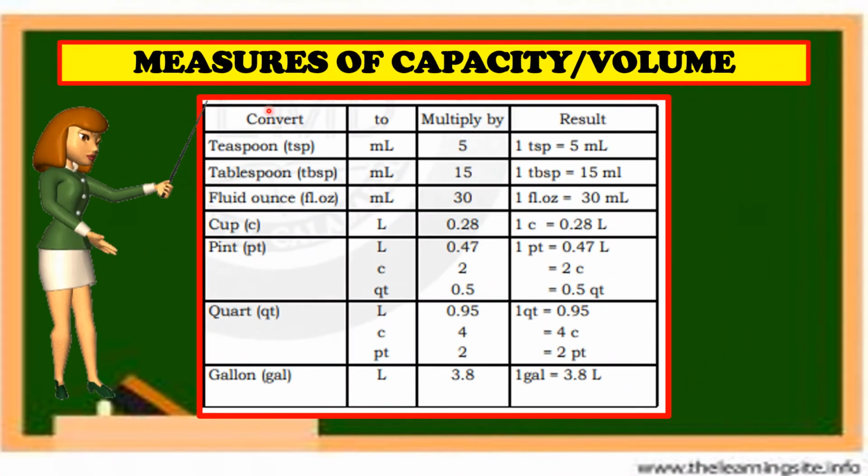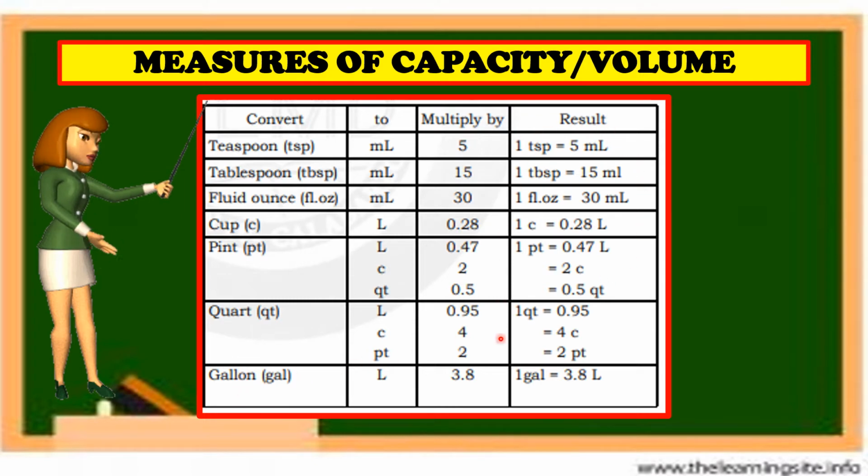We have measures of capacity or volume. So we have the teaspoon, the tablespoon, the fluid ounce, the cup, the pint, the quart, the gallon.